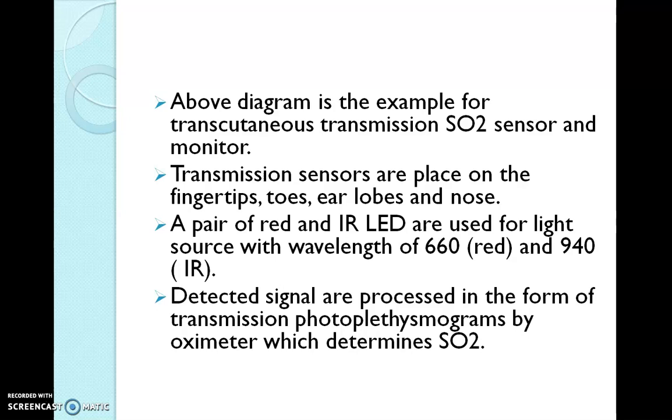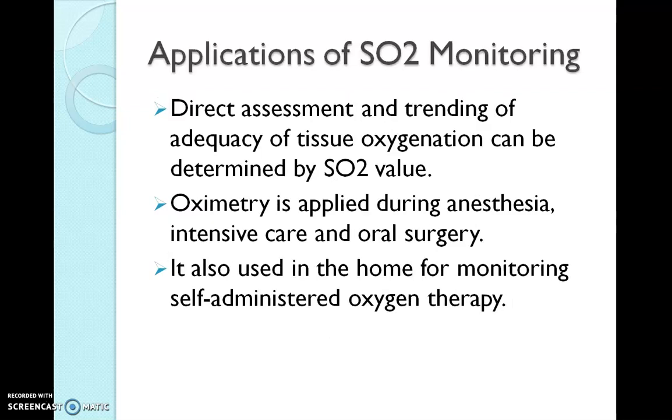A pair of red and infrared light emitting diodes are used as the light source, with peak emission wavelengths of 660 nanometer, which is red, and 940 nanometer, which is infrared. These detected signals are processed in the form of transmission photoplethysmograms by the oximeter, which determines the SO2.